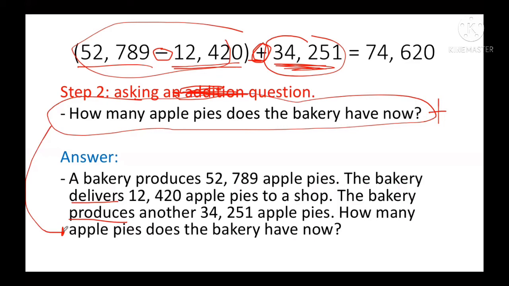They are not aligned. Apple pie, bakery. Patients, hospital. Books, bookstore. Books, library. You need to align your word with the place in your problem. Did you understand now? All right, very good.